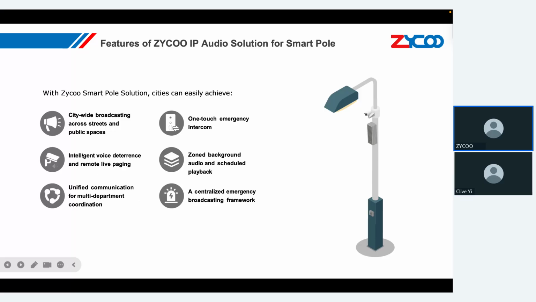And our SIP speaker and intercom can work with the third-party camera, so it can do intelligent voice deterrence and remote live paging when something urgent happens, zone background music and scheduled playback, unified communication across different departments, and a centralized emergency broadcasting framework. So that's the summary of all the functions it can provide.